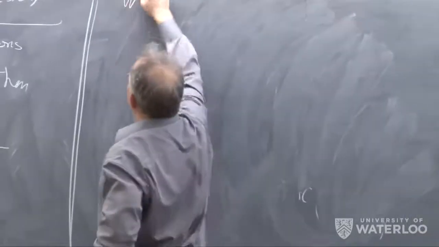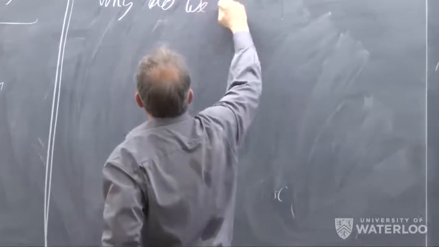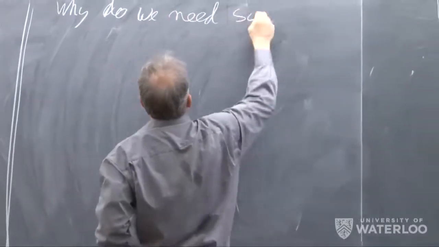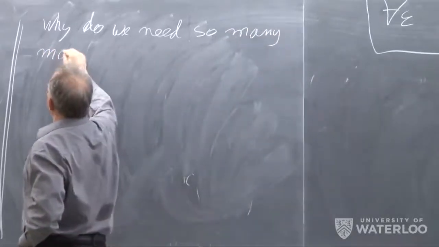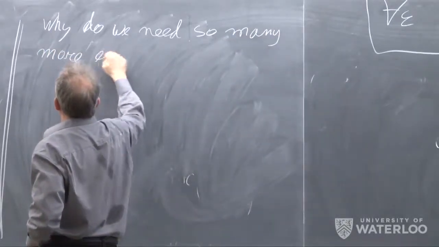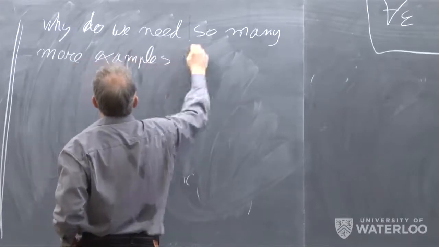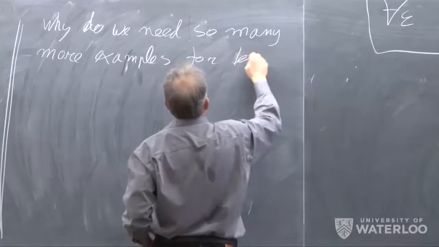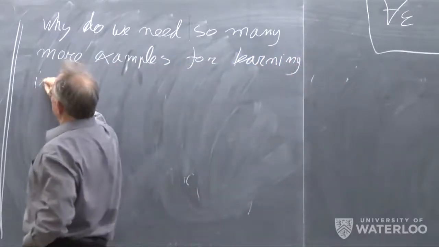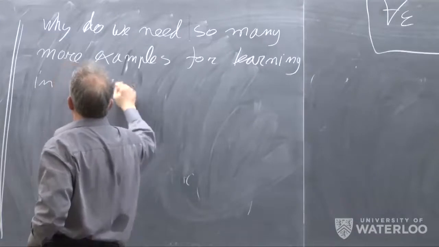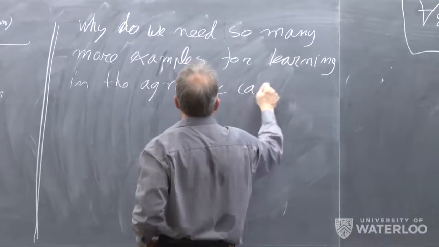So why do we need so many more examples for learning in the agnostic case?